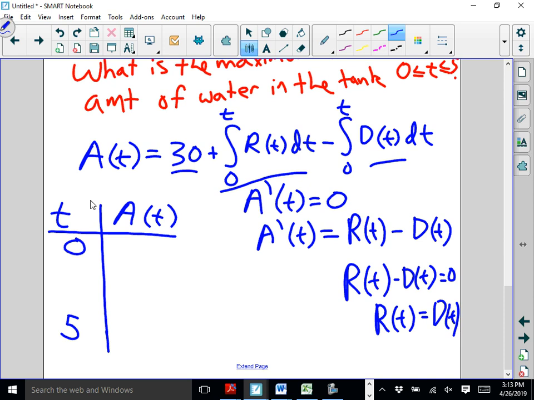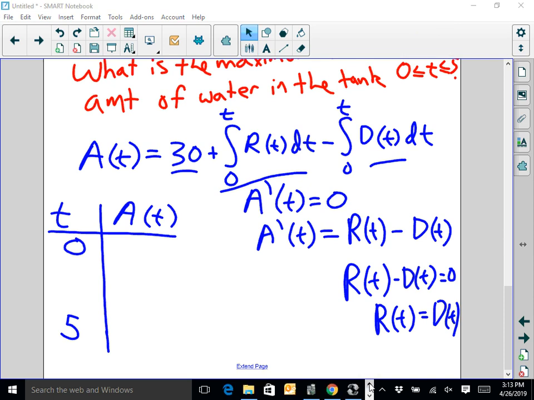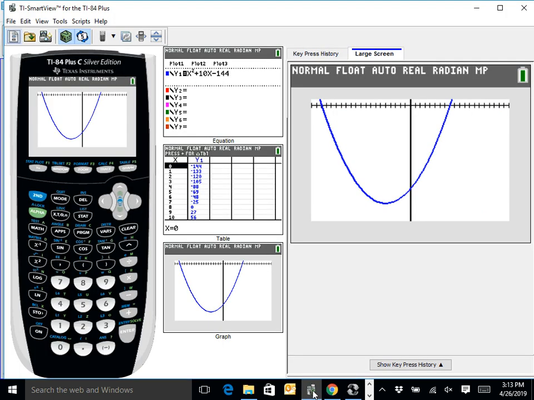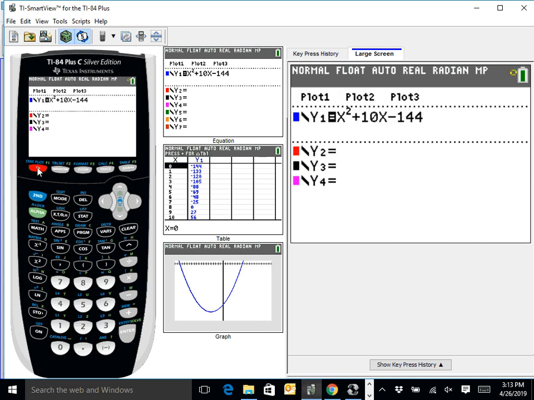Okay? So let's use our calculator to help us here. I'm going to go back to my calculator here, and I'm going to type these functions in. I'm going to do this carefully. If I make a mistake here, it's going to hurt. So let's type these in as carefully as possible.